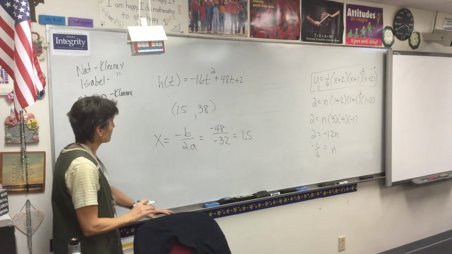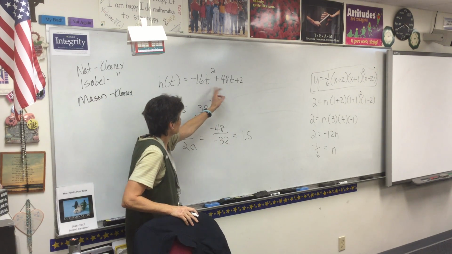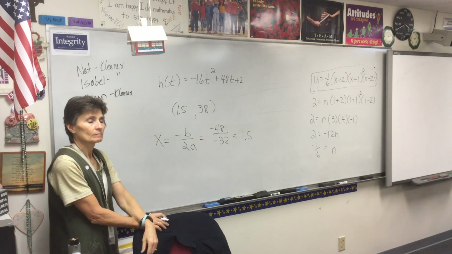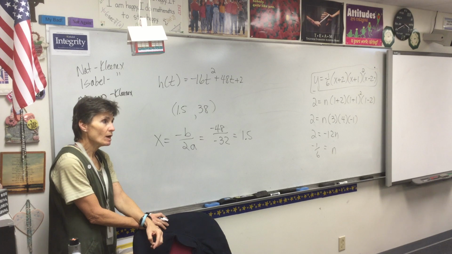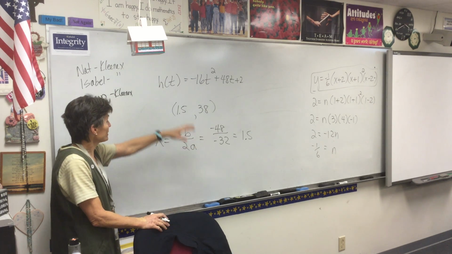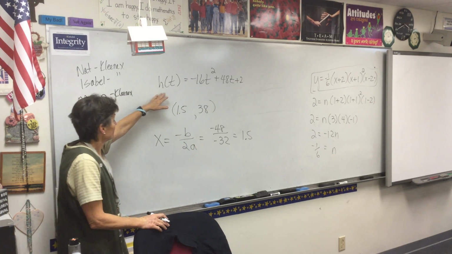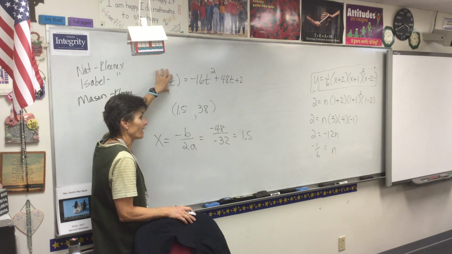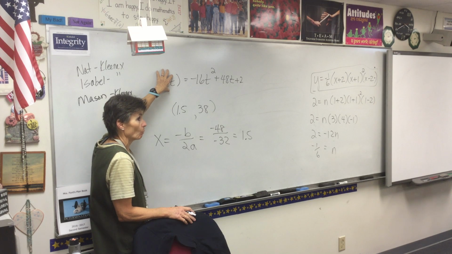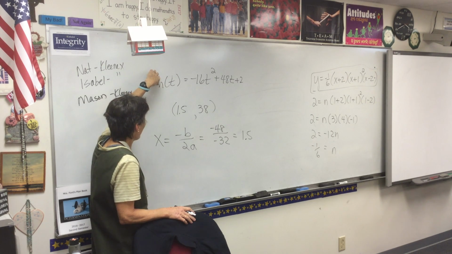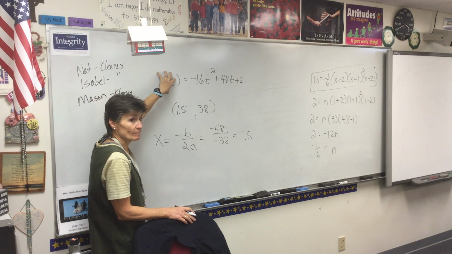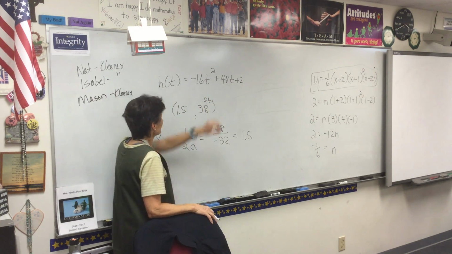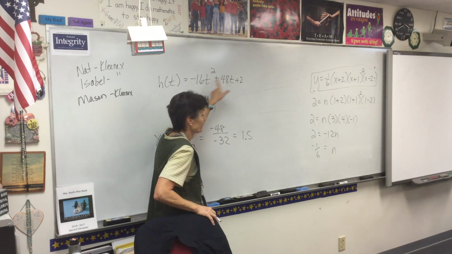And I got that by simply plugging 1.5 in for the t's. Which one's time and which one's height? Well, I don't know. What do you think? Look at the equation. See the h? In a regular equation, what letter would be over here? Y. So y is the height. So this is 38 feet. In a regular equation, what letter would be here?